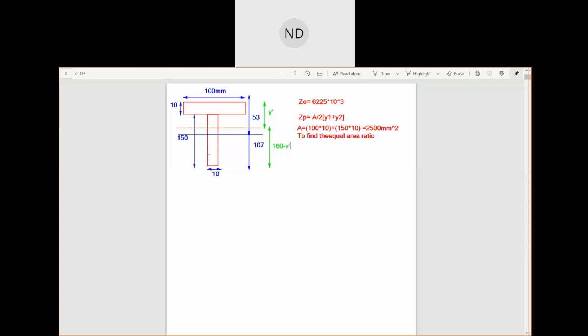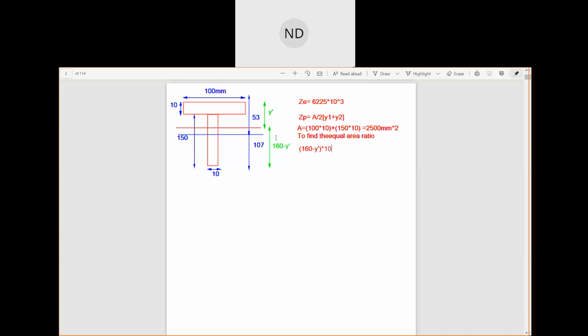Now this area should be half of this 2500. So the area below this axis, the equal area axis, is 160 minus y dash into 10.